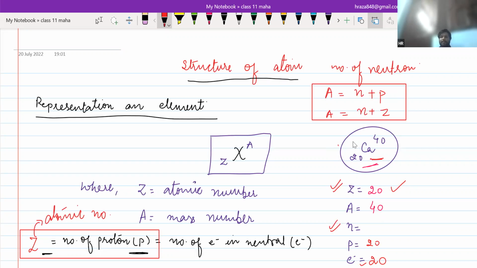From this representation, mass number is 40. So 40 equals N plus Z, which is 20. So the number of neutron will also be 20.